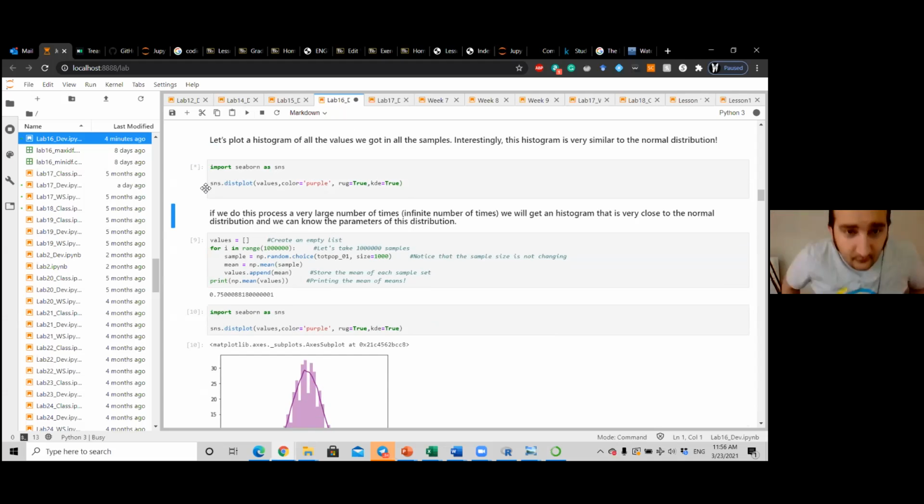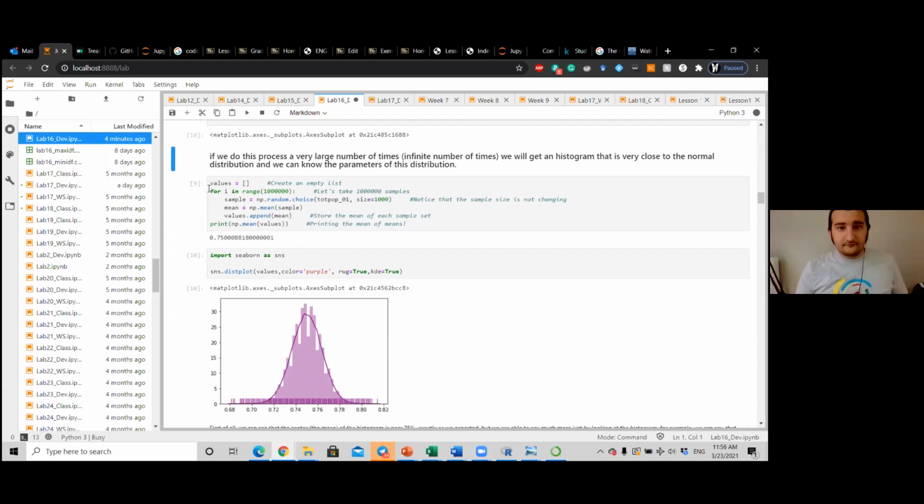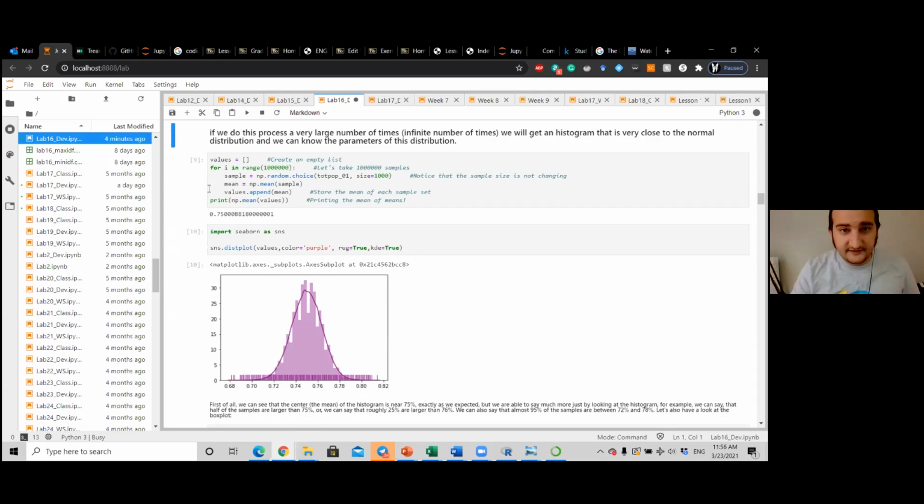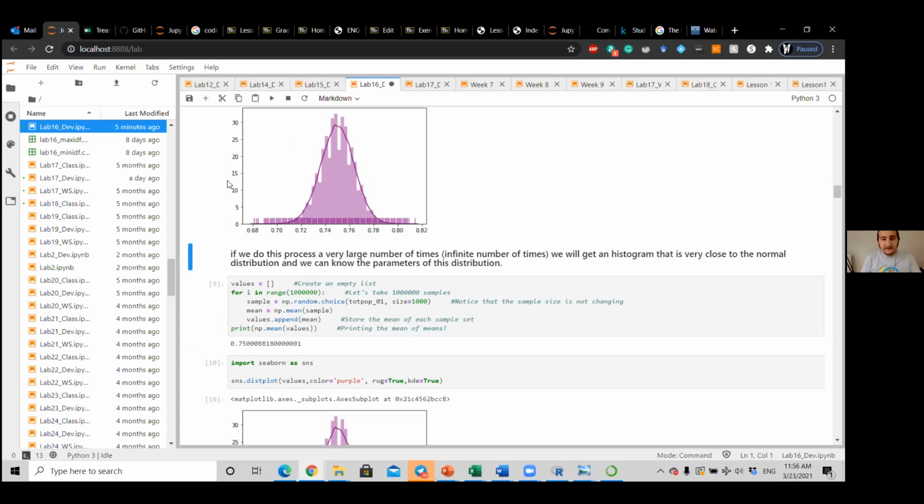Okay, so we are going to do this process for an even bigger number of samples. Don't do it on your computers because this is going to take a while. I am going to take 1 million samples this time. Each sample is going to have 1,000 people in it.